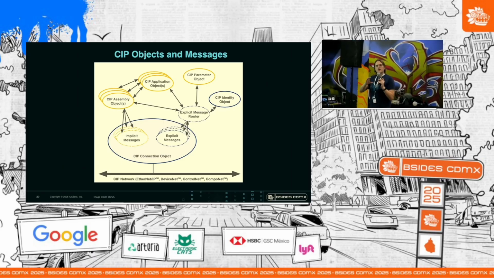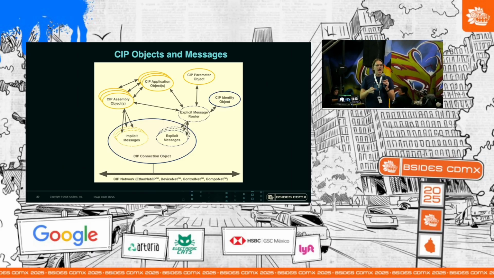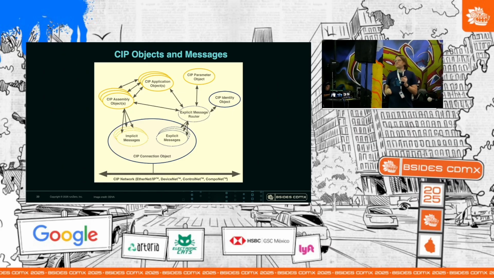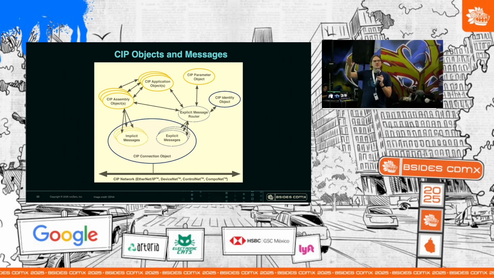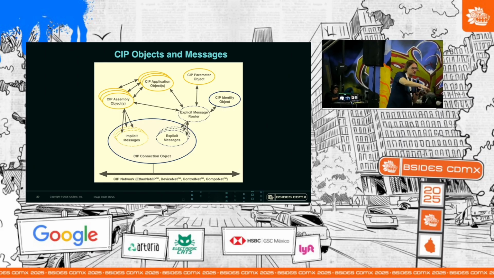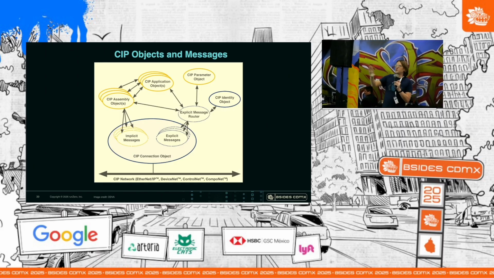Every device that you're controlling will have this abstract set of objects. There are different classes of objects. If you've ever done any object-oriented programming, there are classes and instances, but you can't create your own classes. These are defined by standards or by vendors. But with each object, you can send a message to the object and say, give me the value of this attribute, or set the value of this attribute, or give me information about this other object that you know about. So there's a way to build this tree of objects.